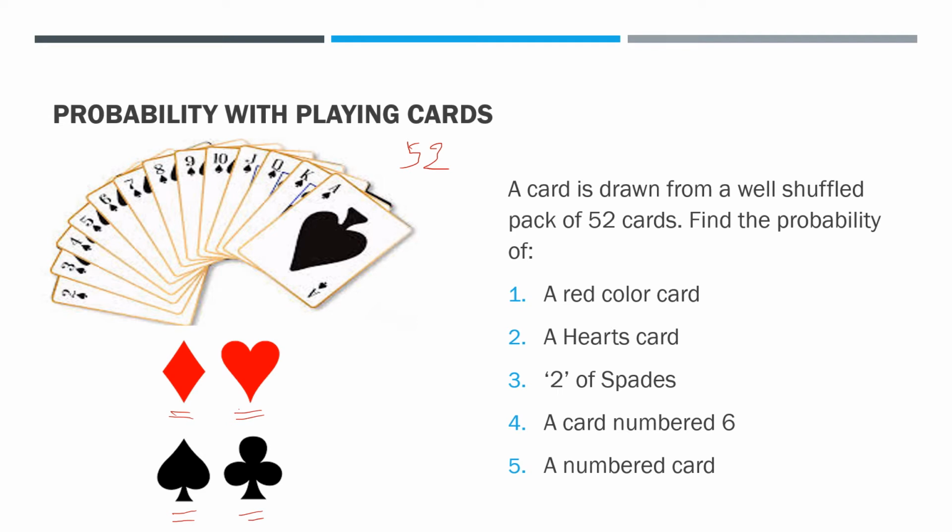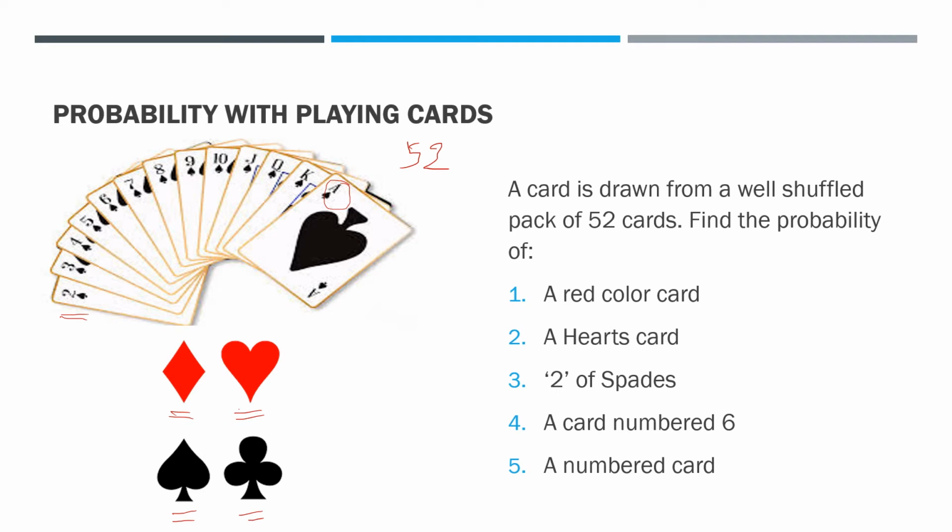Then J for Jack, Q for Queen, K for King, and A for Ace. Sometimes people use A in the place of 1, but sometimes they put it after the King. So altogether we have 13 cards in each suit, and we have 4 suits. So that is 52 cards.